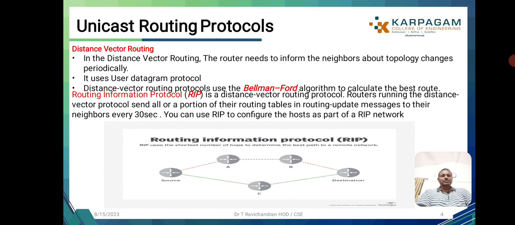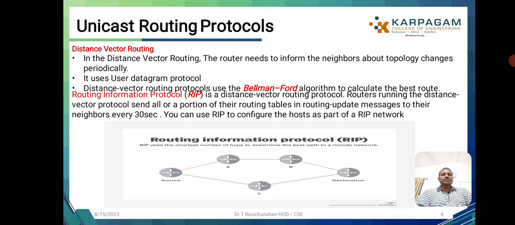You can use RIP to configure the host as part of the RIP network. The Routing Information Protocol is shown in this diagram with A, B, C, a source, and a destination.